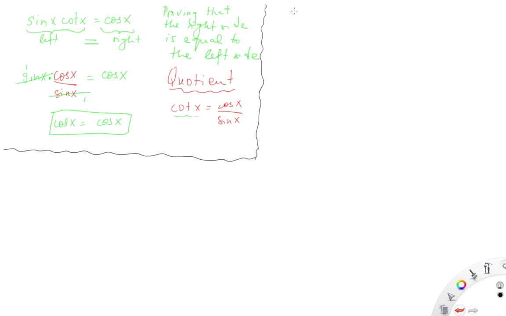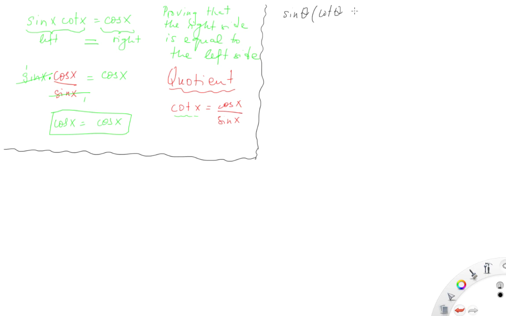Okay, now we're going to start the second example. Sine of theta. Theta is just a letter that mathematicians like to use when they talk about angles. I could also say x here, but let's just use theta so that you become comfortable with that Greek letter.